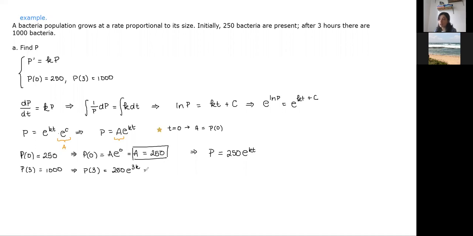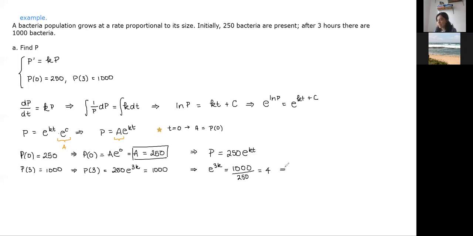And this is going to be equal to 1000. Now, at this point, we're going to have that e to the power of 3k is going to be equal to 1000 divided by 250, which is equal to 4. We're trying to solve for k, remember.